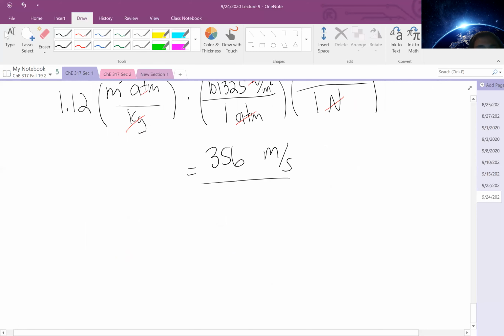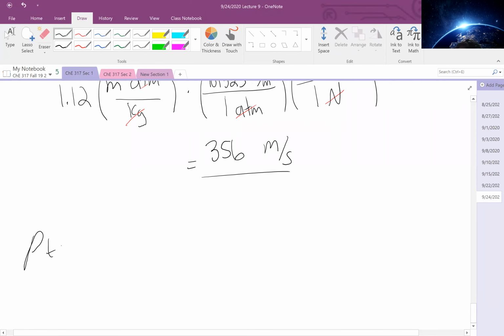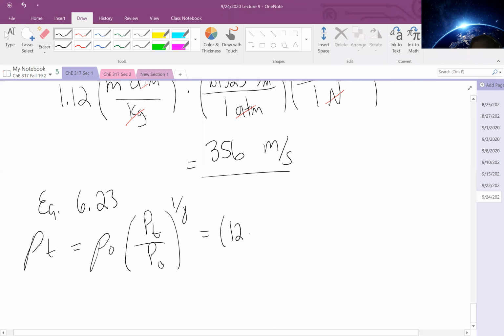All right, so to solve for the density at the throat, we can use equation 6.23, which states that the density at the throat can be approximated by the initial density times the pressure ratio of the throat to the entrance, raised to the 1 over gamma power, or 12.7 kilograms per cubic meter times 13.1 divided by 20.